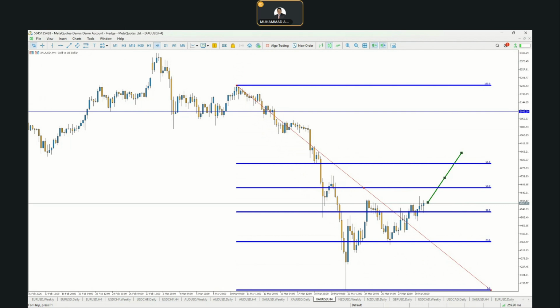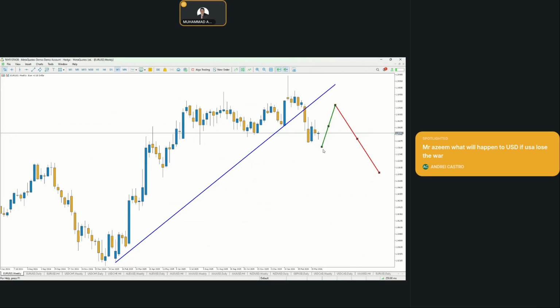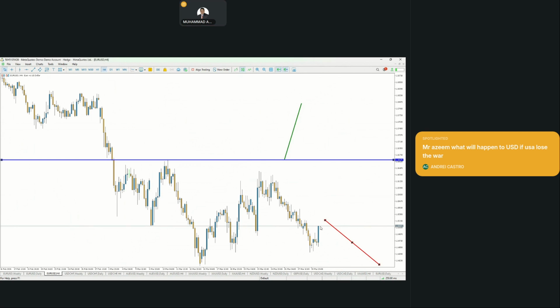As far as the trend is concerned, we can see that the euro is falling down. So if euro USD is going down, then it means the United States dollar is becoming strong and euro is becoming weak. Now if euro USD just keeps going up, then it means the euro is becoming strong and United States dollar is becoming weak.